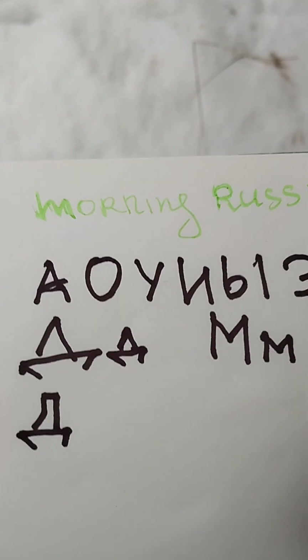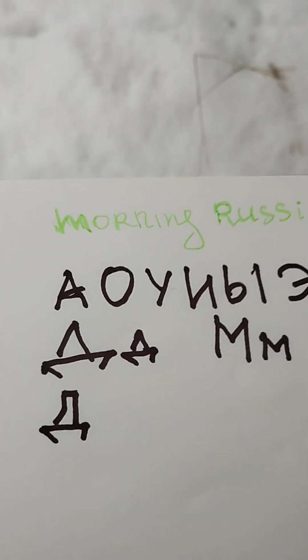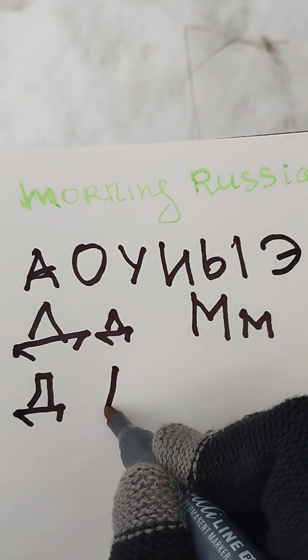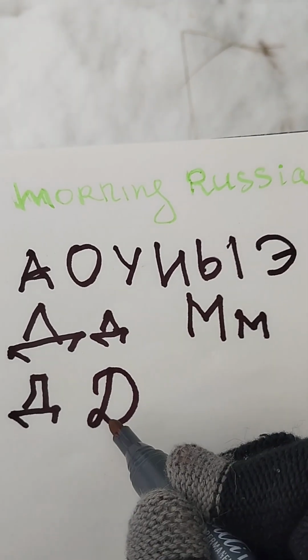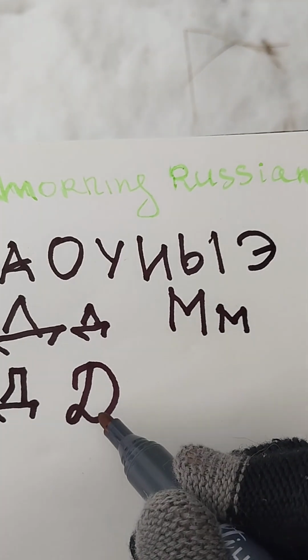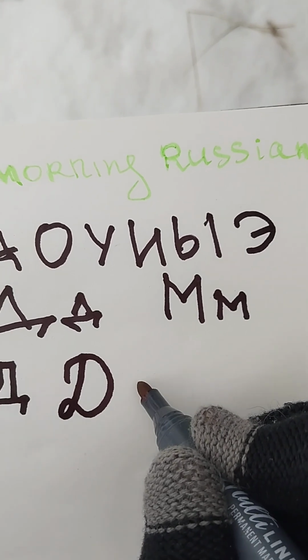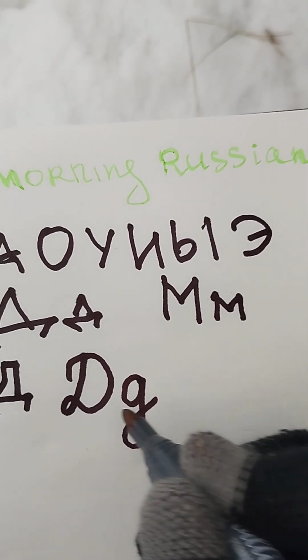Also, we have a cursive font in Russian. We write D like this. The big D looks like this, and the small one looks like this.